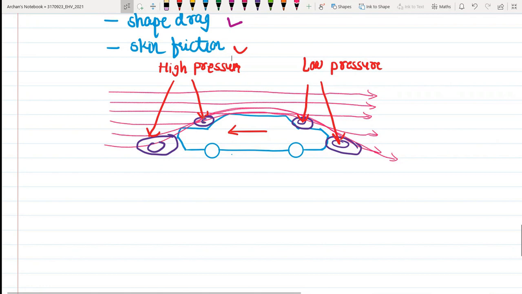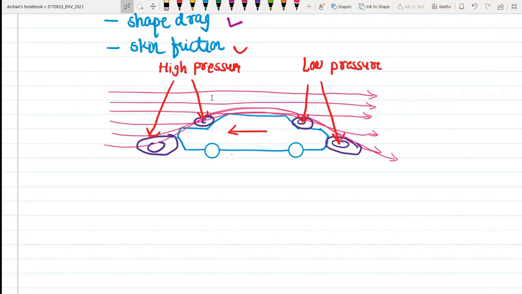I am repeating, the air which is close to the skin of the vehicle will move almost at the speed of the vehicle, and the air which is far from the vehicle will remain still.